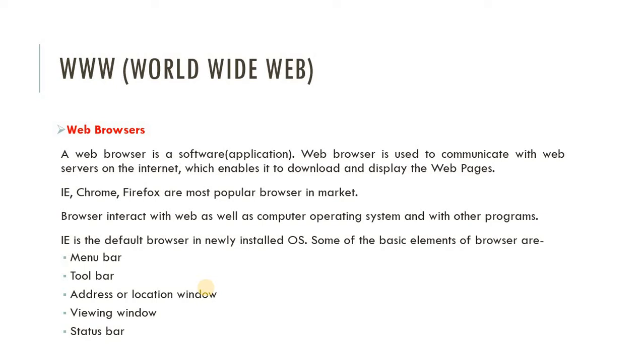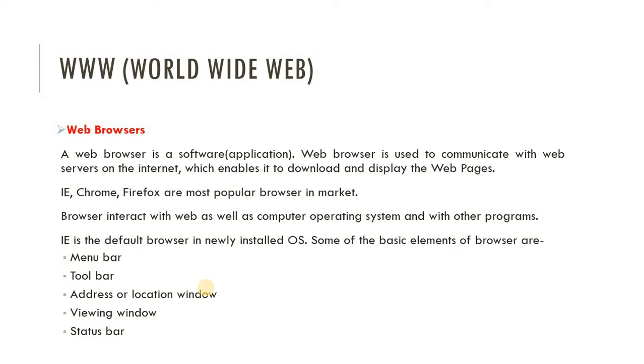We can download the content using the web browser, and web pages are displayed with the help of the web browser. Without the web browser we cannot do these things. Chrome, Firefox, Opera are all examples of web browsers.